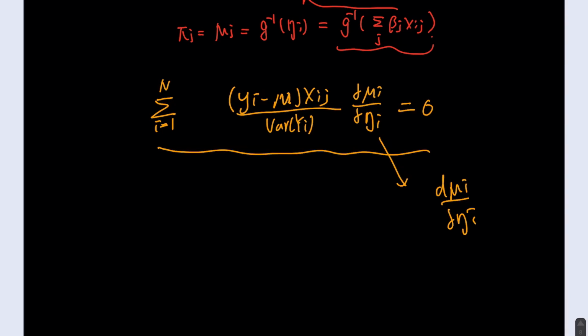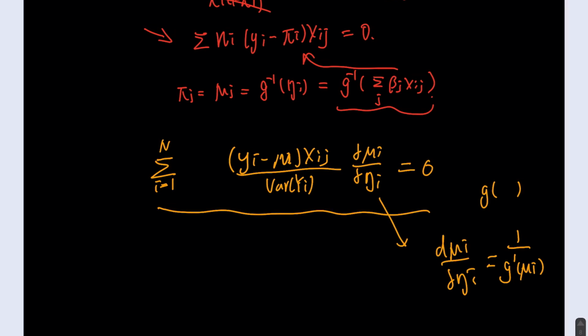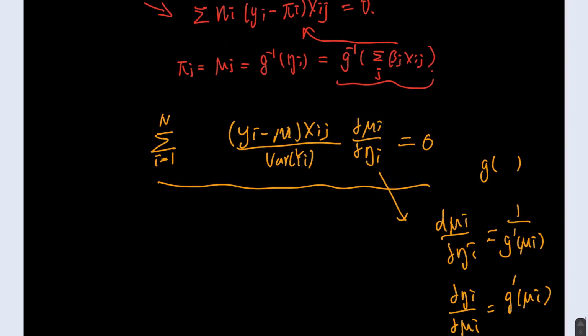As I said, this depends on the g function, and it's actually 1 over g prime mu i, because d eta i d mu i is equal to g prime mu i, right? So the inverse of d eta i d mu i is d mu i d eta i.